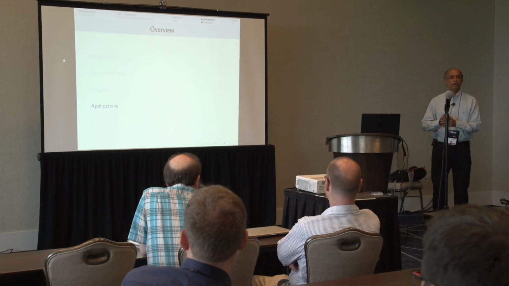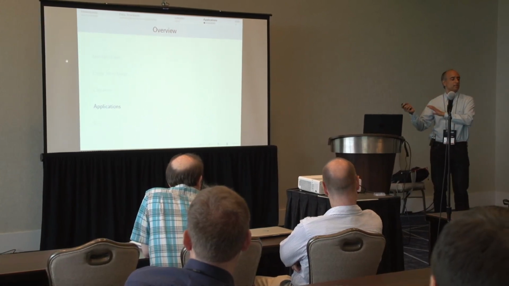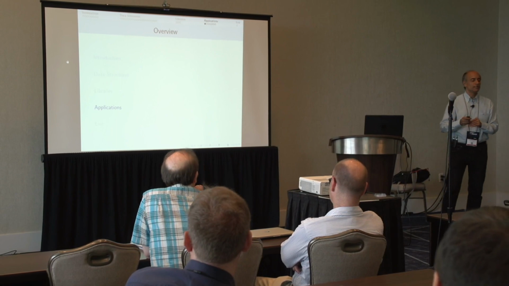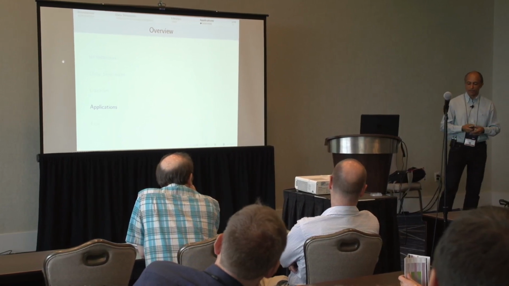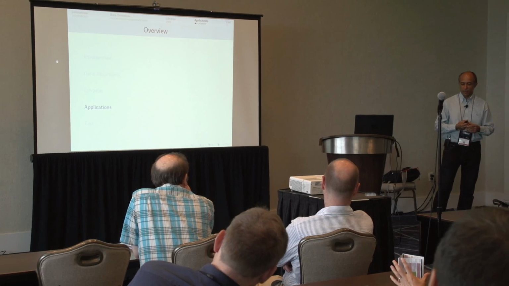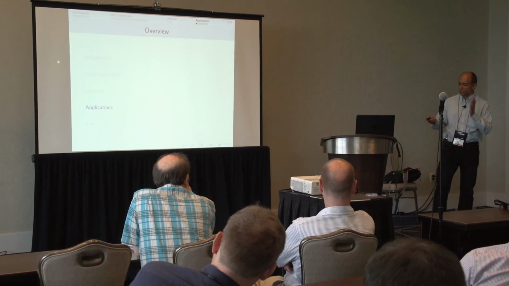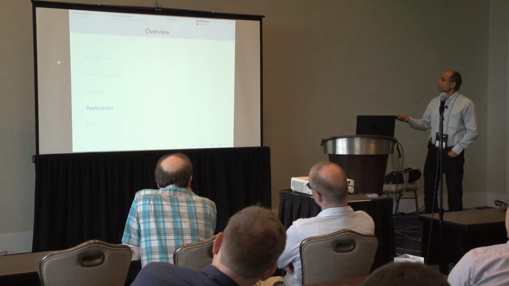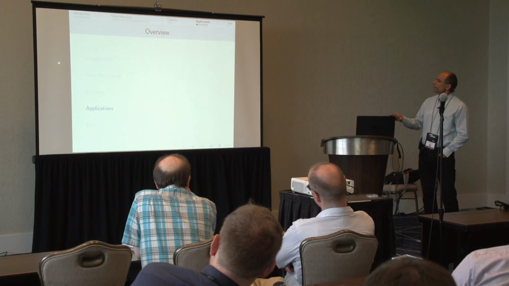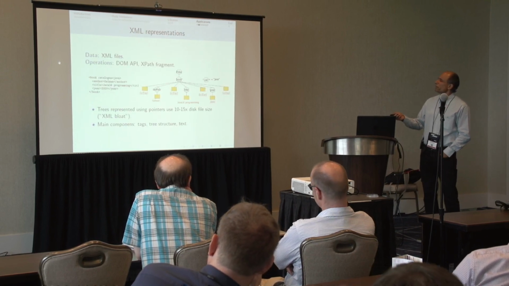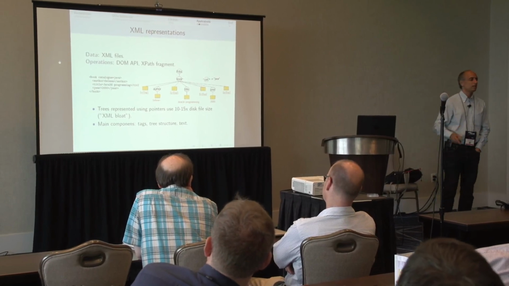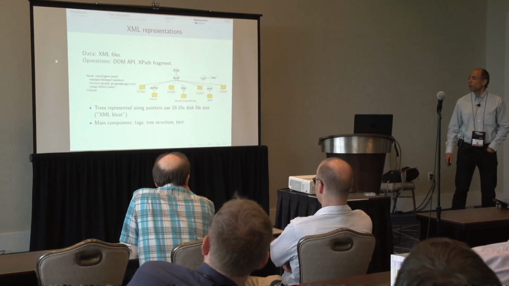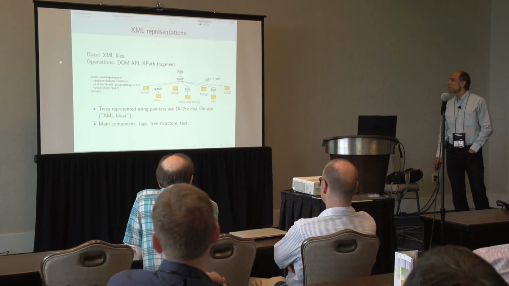Okay, so because I'm short of time, I'll just move straight on to my discussion of the applications. Like I said, none of these applications is a fully fledged database system. The first application, which drew me into this, was working on XML representations.